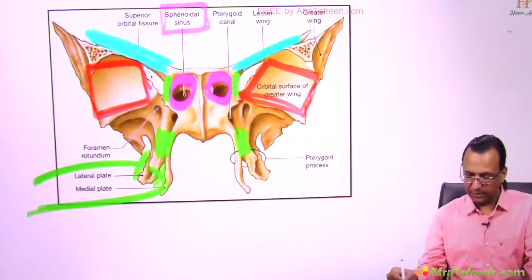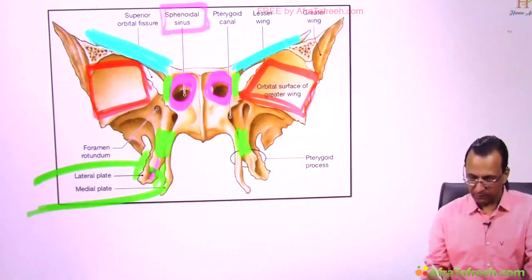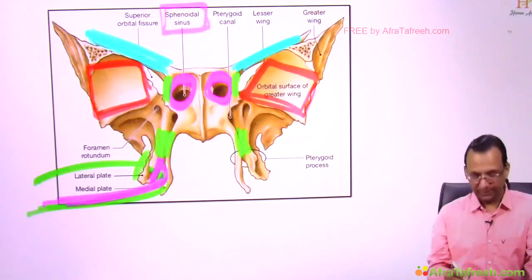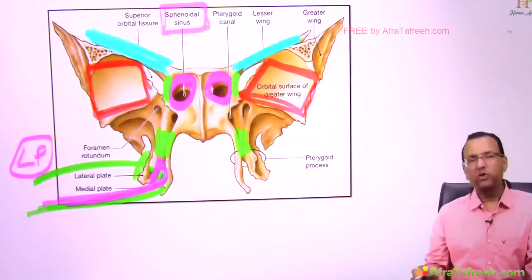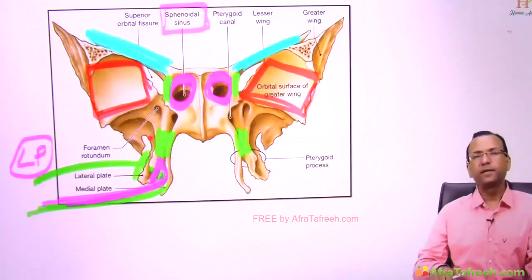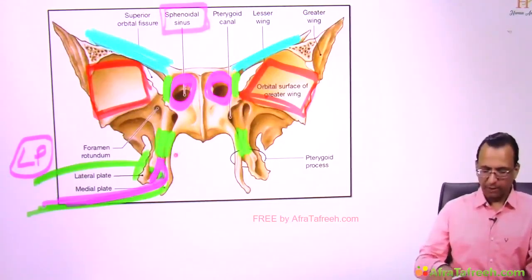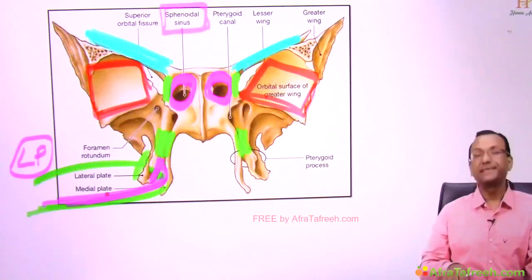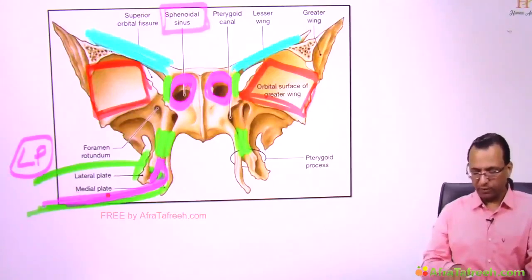If the muscle is coming from the medial side, it will be medial pterygoid, and from the lateral side, lateral pterygoid. Yes, medial pterygoid from the medial surface, lateral pterygoid from the lateral surface of the pterygoid plate of the sphenoid bone.